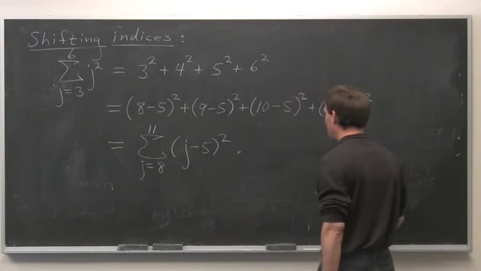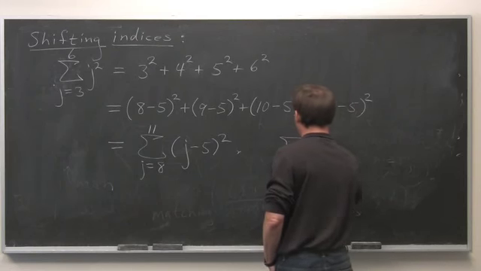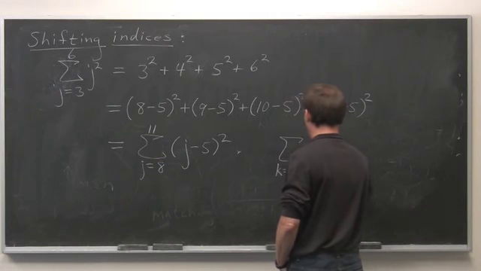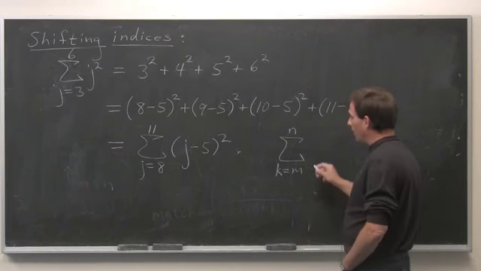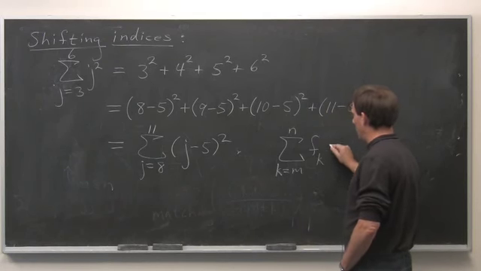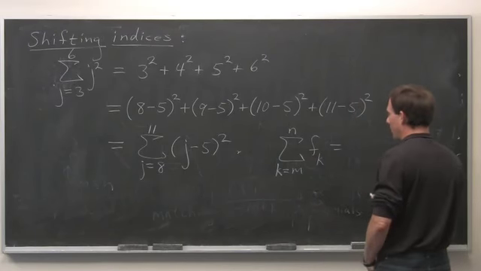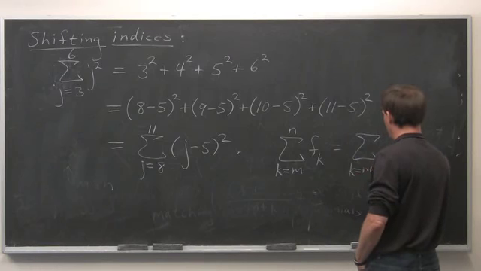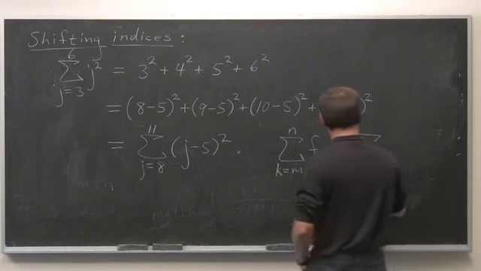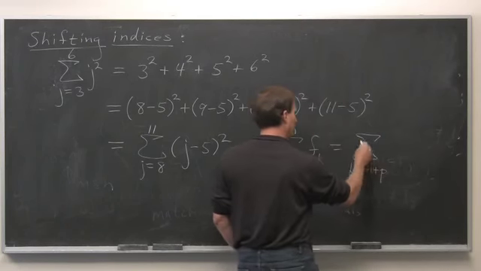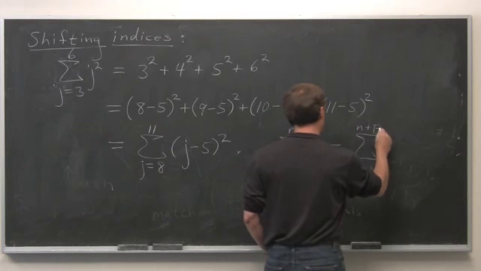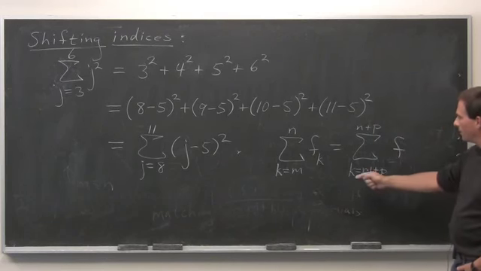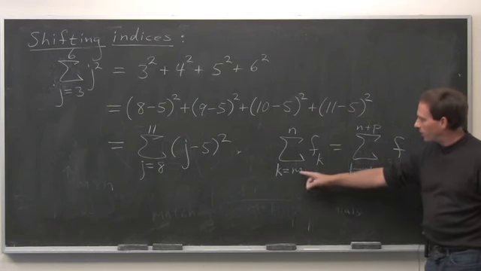We've just shifted things. And the general property is that, using k for the index again, if you have a function and a summation as k goes from m to n, then instead, if p is some integer, you can let k go from m plus p to n plus p, and you want your function to start at the same place.